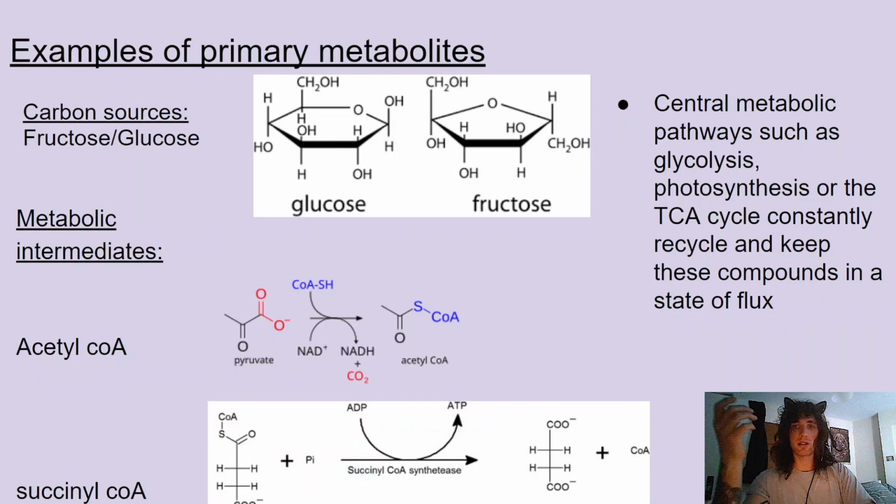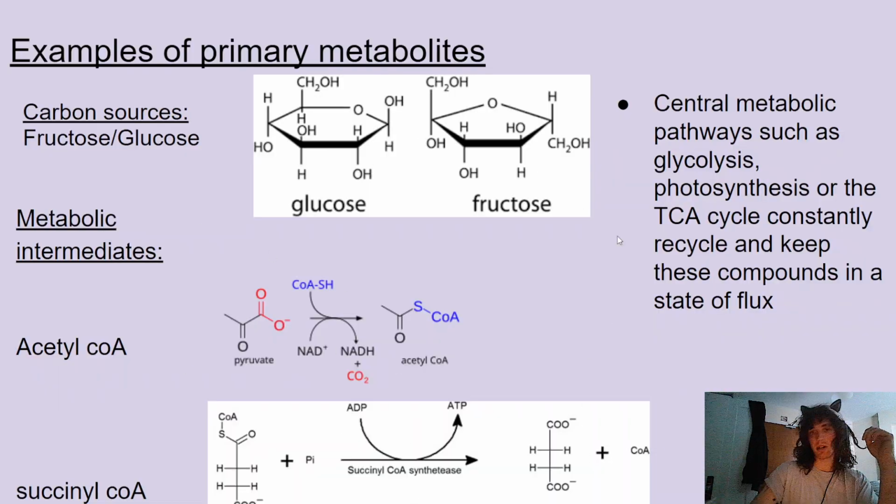So central metabolic pathways such as glycolysis or photosynthesis or the TCA cycle keep these compounds in a constant state of flux. You'll see this word flux thrown around many times because it's very vital to understand in metabolic engineering.